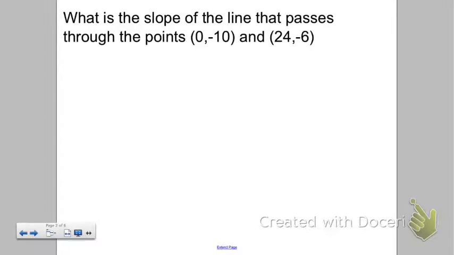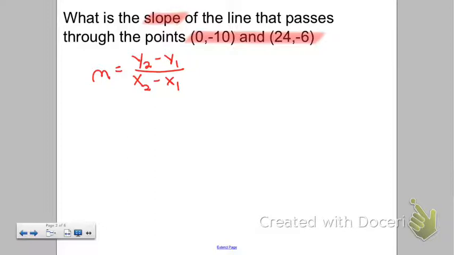The next question. What is the slope of the line that passes through the points (0, -10) and (24, -6)? We haven't done a lot of problems like this, but when we need to find the slope from 2 points, we're going to use our slope equation. Slope equation is y2 minus y1 over x2 minus x1.